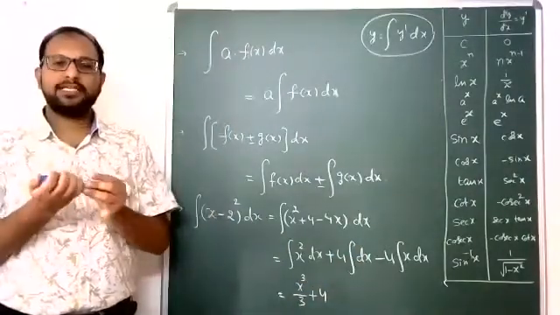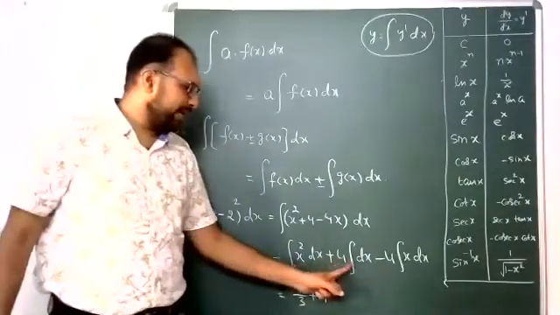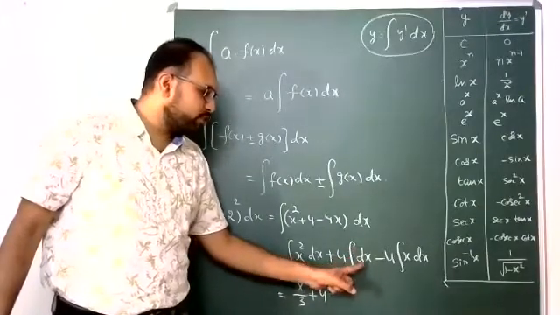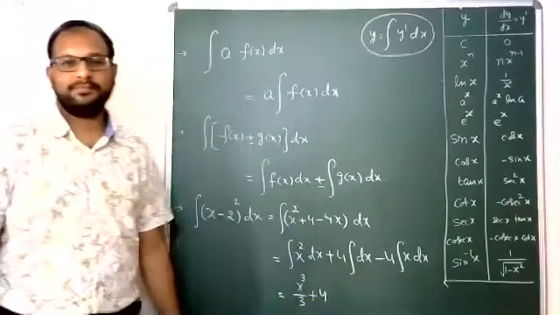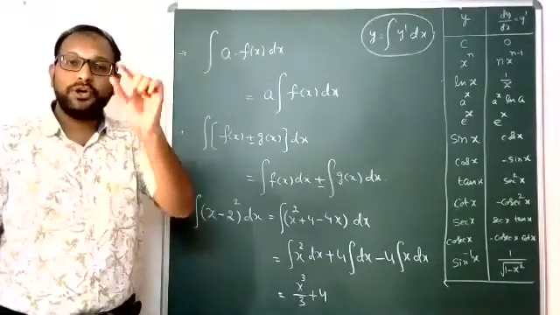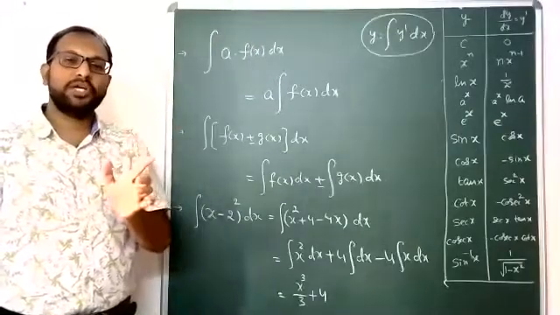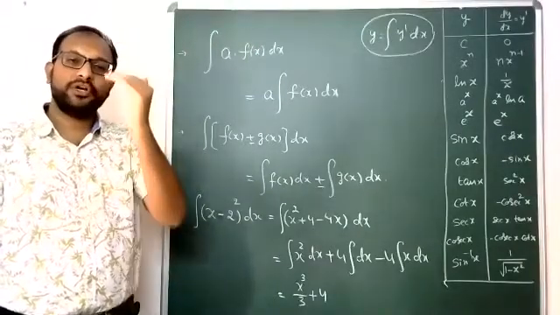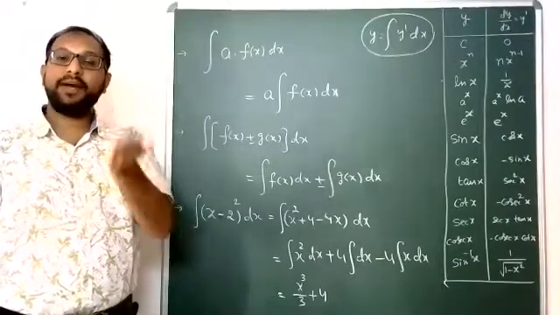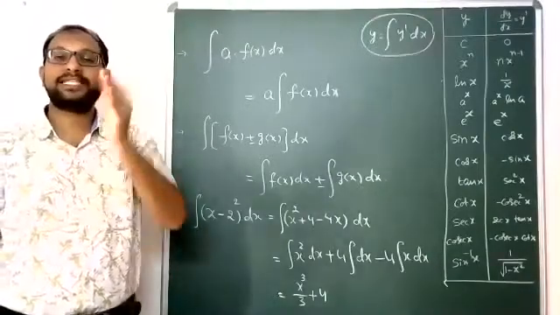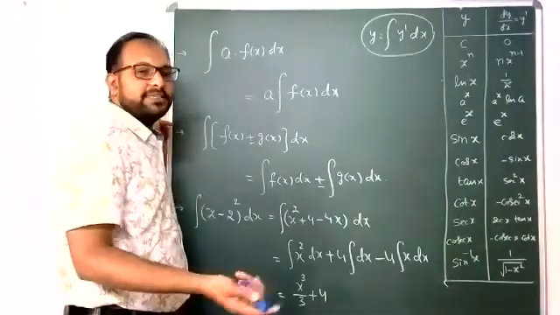Students, integral dx, how do you write it? Integral x to the power of 0 into dx, x to the power of 0 in the form of x to the power of n. So n equals 0: x to the power of 0 plus 1 divided by 0 plus 1, which means x by 1. So x by 1 is x.